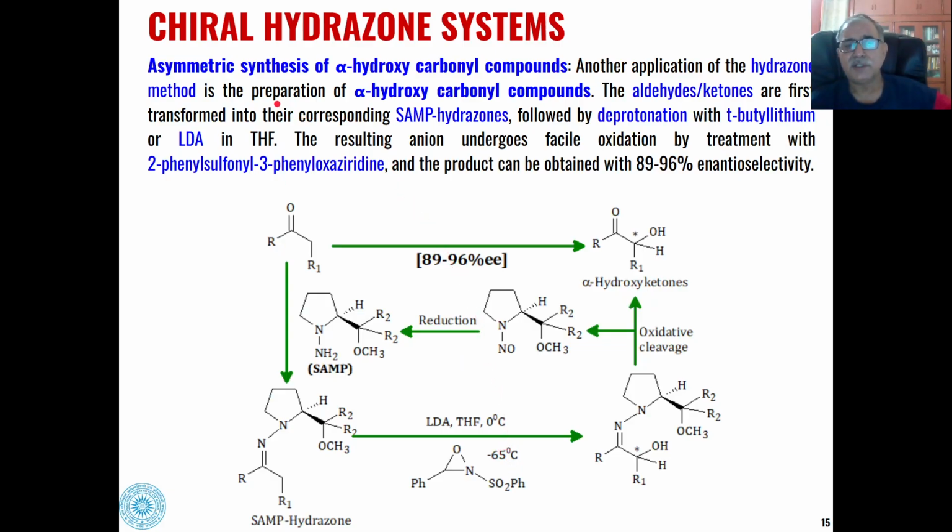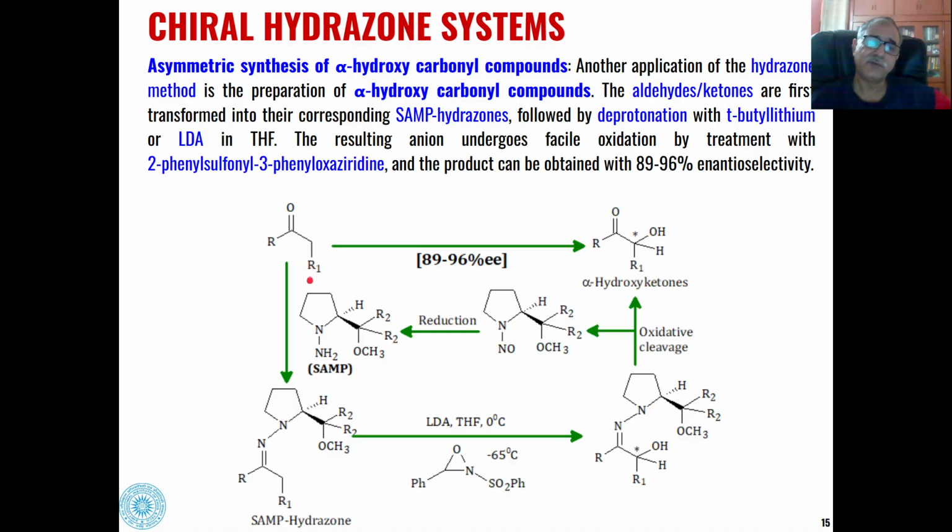Then SAMP or RAMP hydrazones can also be used for the synthesis of alpha hydroxy carbonyl compounds. So instead of alkylation, alpha hydroxylation can be done for conversion of ketones into alpha hydroxy ketones.